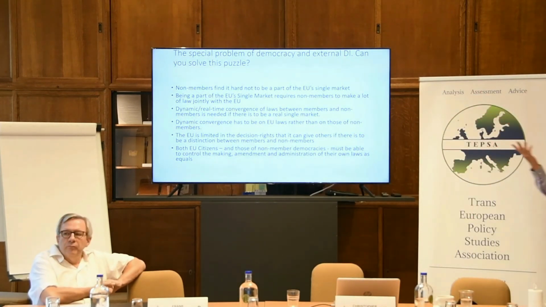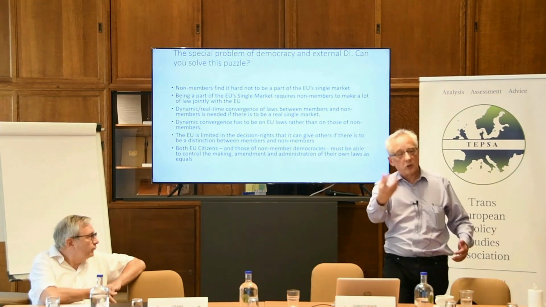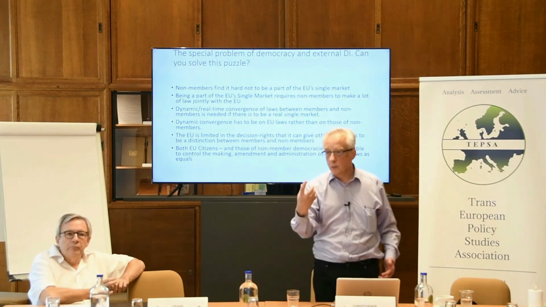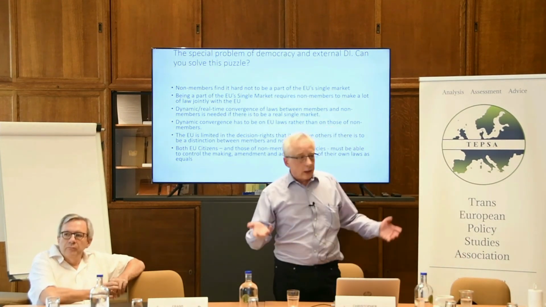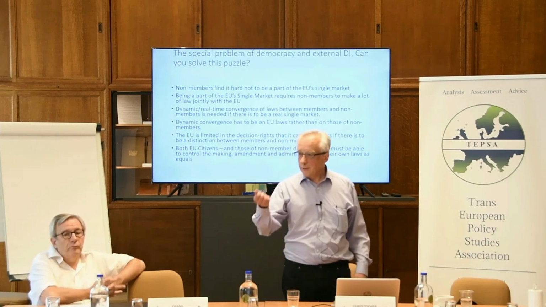On the other hand, these outside countries, these outside democracies like Switzerland and Norway, also consist of citizens who ought to be able to control their own laws as equals. Okay, I can't solve this puzzle. I wonder if anyone here can.